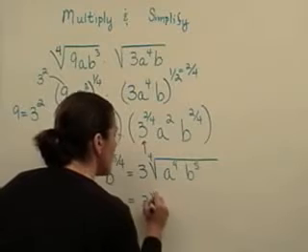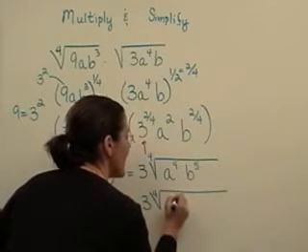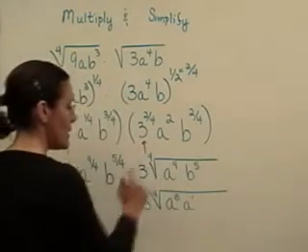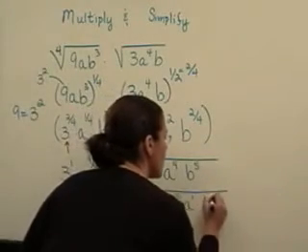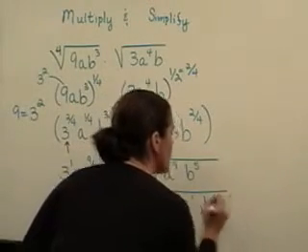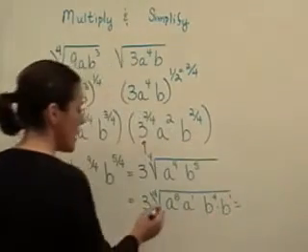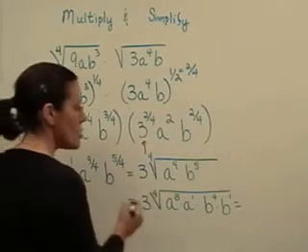Next, and maybe you don't even need to write this step anymore, I'm going to write a to the ninth as a to the eighth times a to the first. Those add to be 9. The 8 is divisible by 4. I'm going to write b to the fifth as b to the fourth times b to the first. Same reasoning. And finally, a to the eighth, but I want the fourth root of that. 8 divided by 4 is 2.